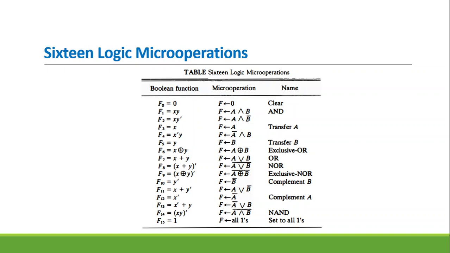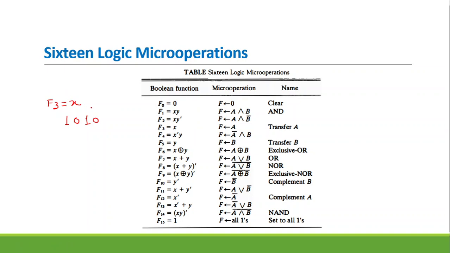Suppose the binary content of register A is 1010. What is the operation if we want to perform F3? F3 equal to x means the logical operation is a transfer A operation.